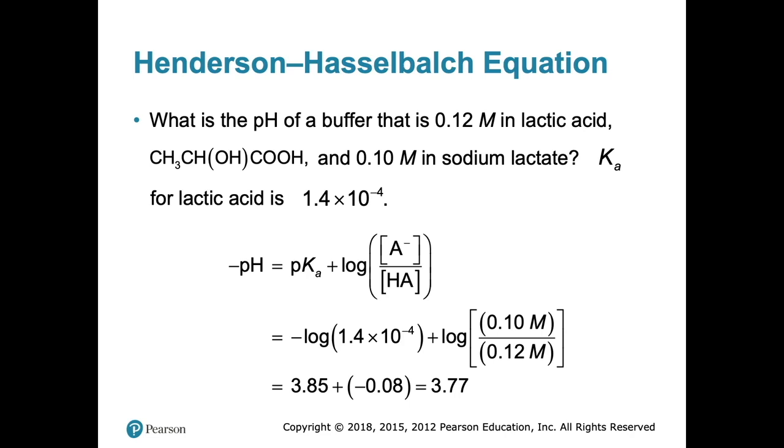And then all you have to do now is go 3.85 plus, this part here is the 3.85 part, and then we have minus 0.08, which is the log of this part right here, and then you get a pH of 3.77. No ICE table needed. Isn't that cool? No ICE table needed.